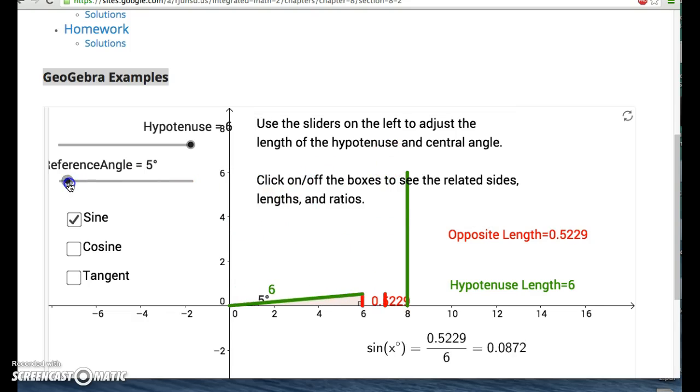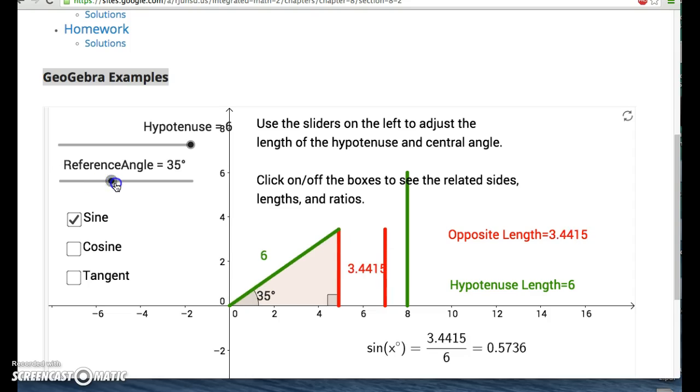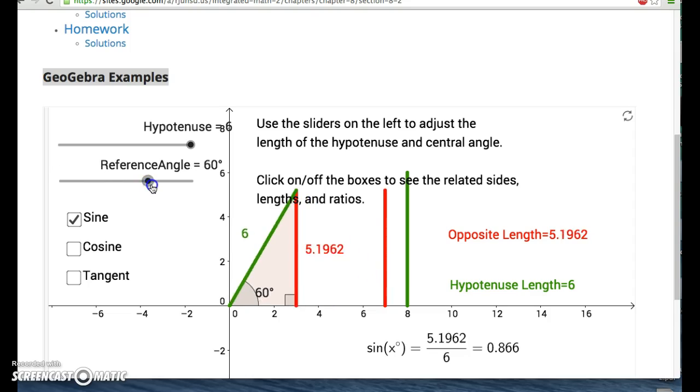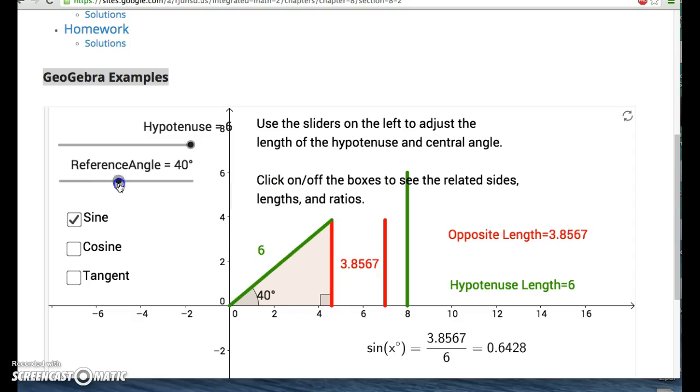So this is only on opposite and hypotenuse. So the trig function that deals with opposite and hypotenuse is called sine. See, I did them in colors for you. And you can see it's red over green, opposite over hypotenuse.